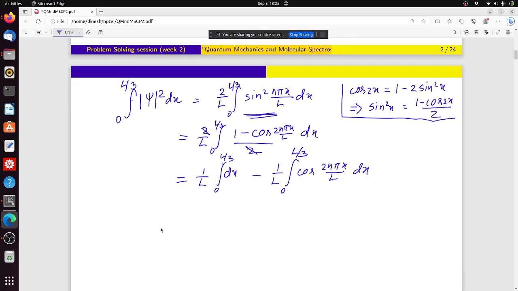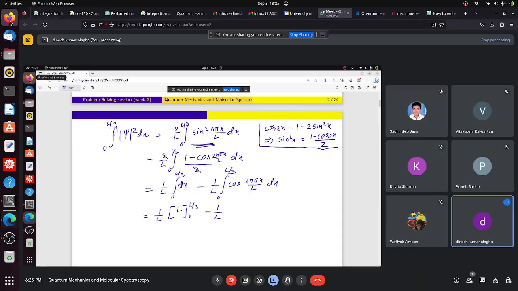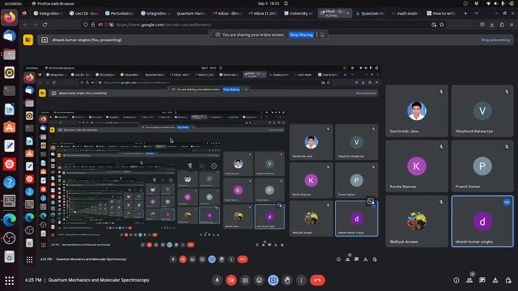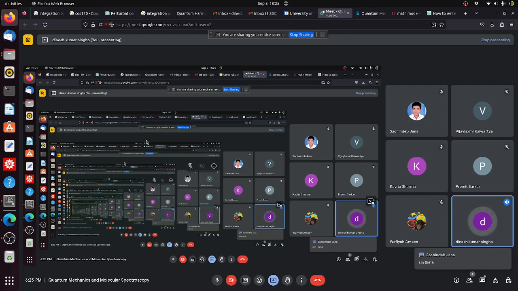So far no one got the answer. Okay, 1 by L, and then this is L, 0 to L by 3. What is the integration of cos theta? Sin theta or minus sin theta?